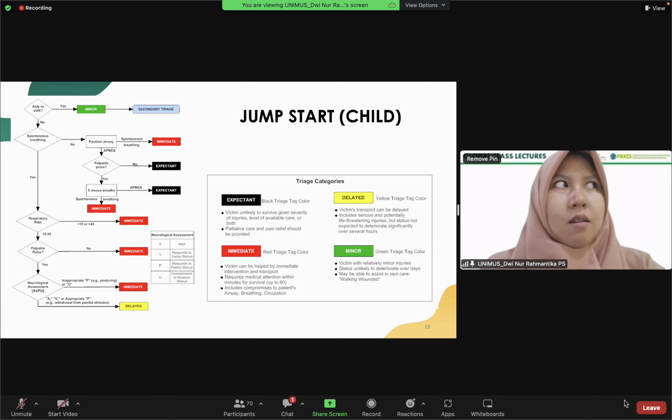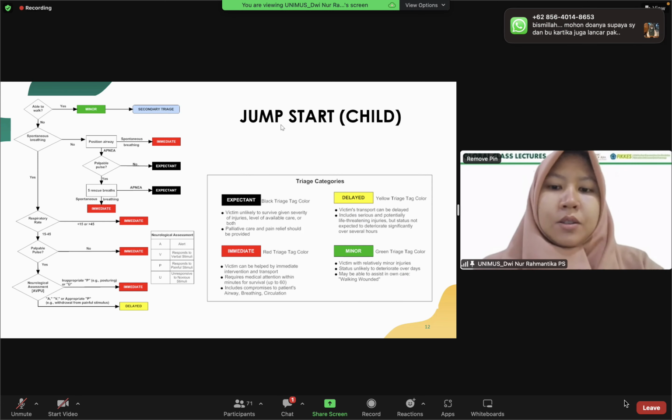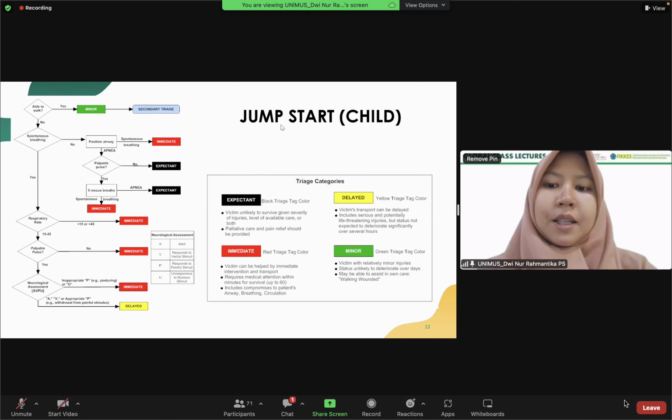adult, adolescent or elderly. The meaning of the color is the same, but the difference is in the process or the steps. Here, you can see that first we can select the patients by green.